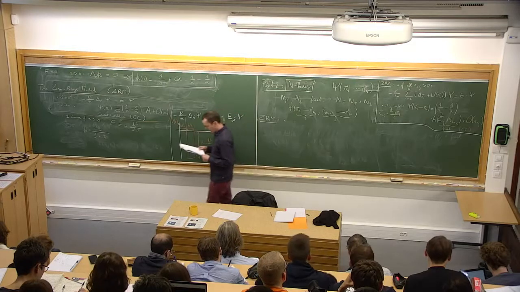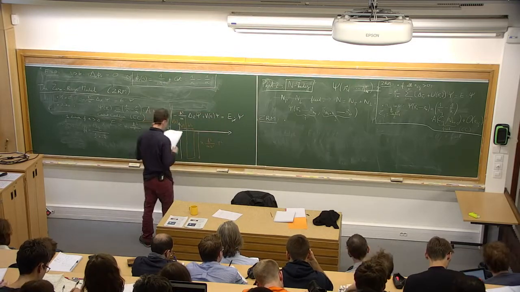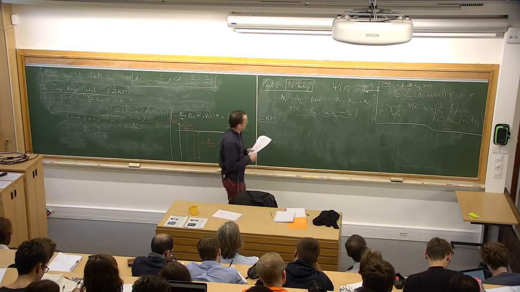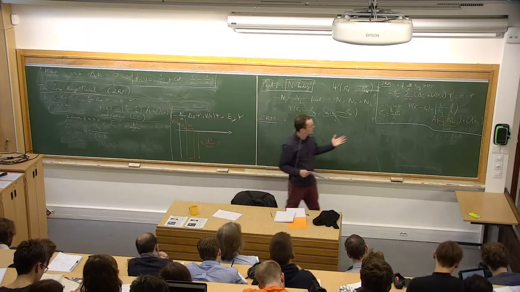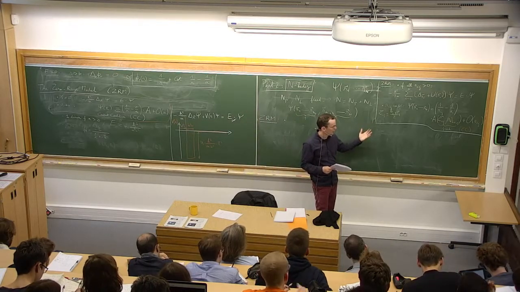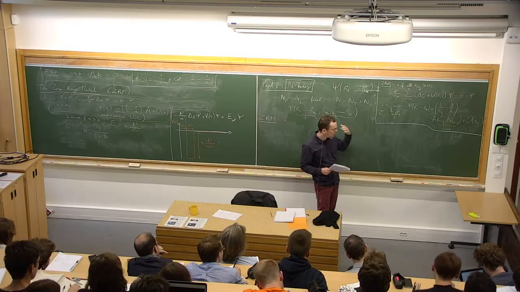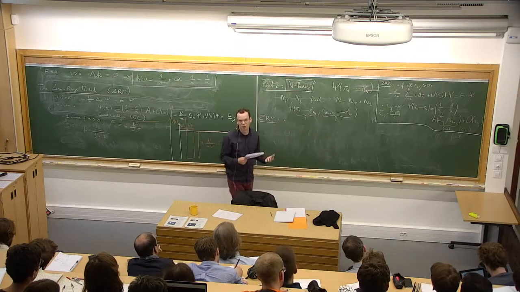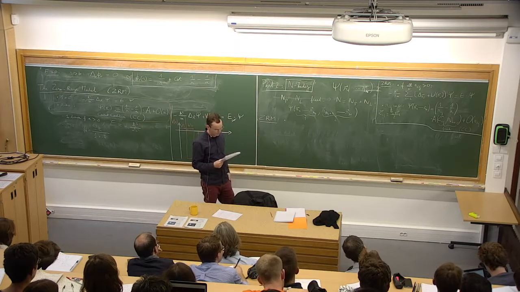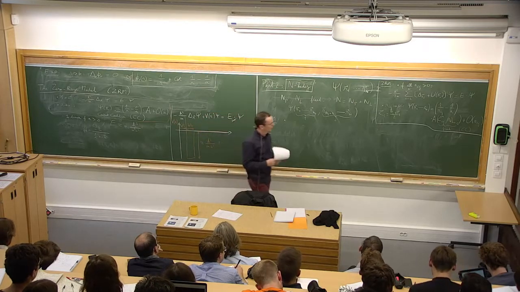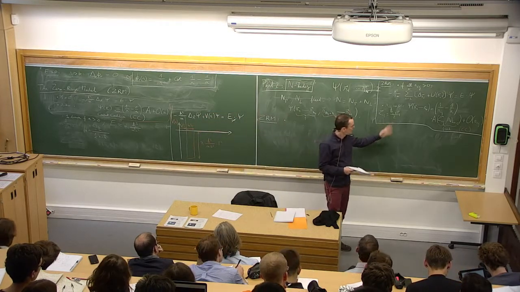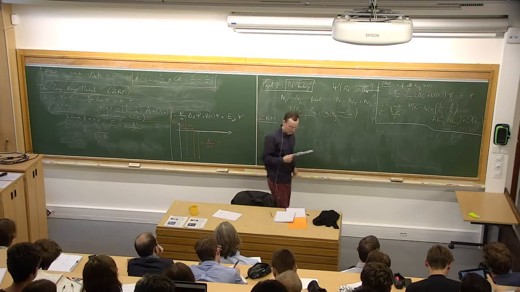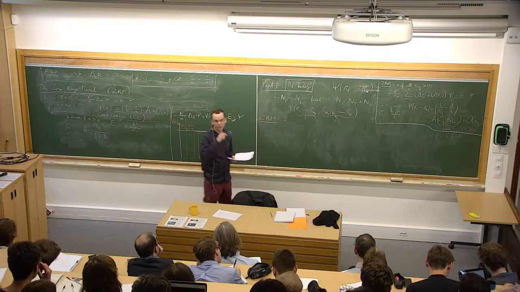Again, this model is really correct because it's the limit. If you start from a finite range model and then you take the zero range limit, then you will get the zero range model.